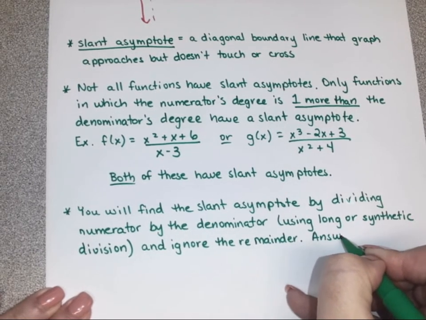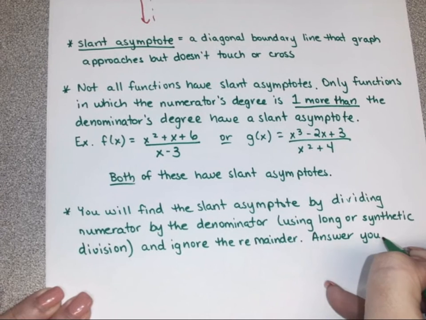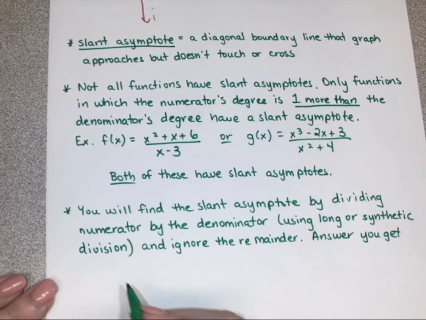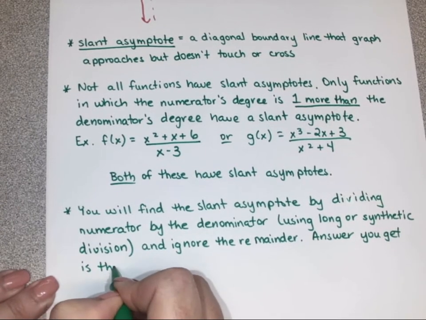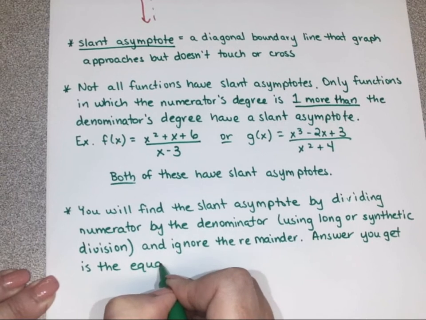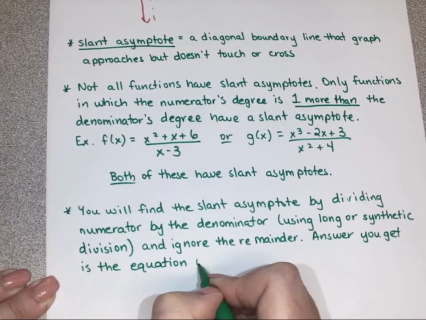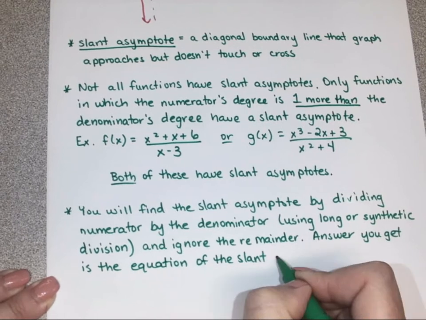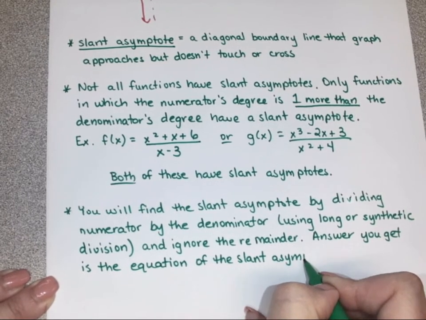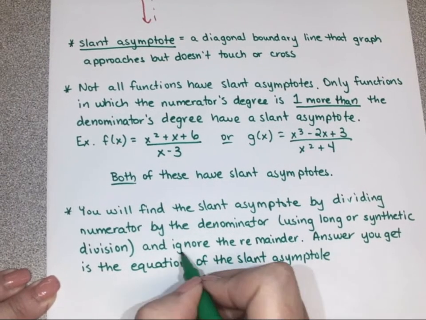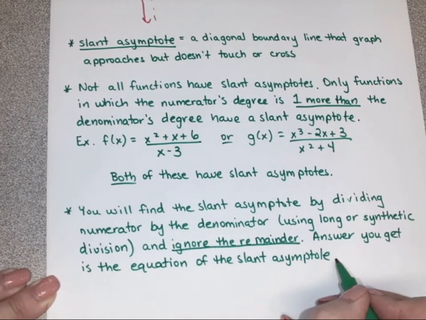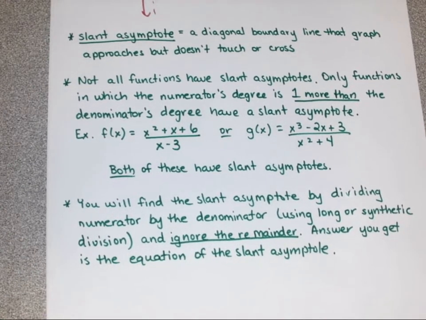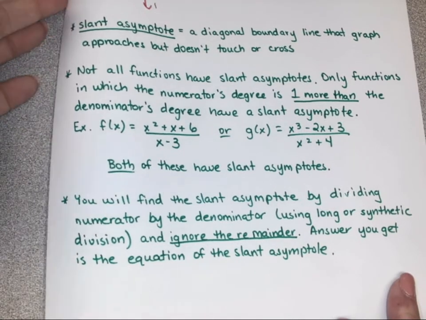And the answer that you get is the equation for the slant asymptote. So unlike what we did before, when we were actually very concerned with what the remainder is, for slant asymptotes, we're not going to be all that concerned about it.